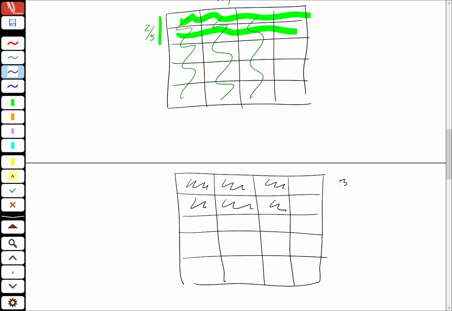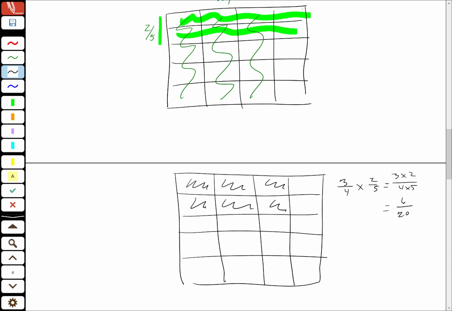This is 3/4 times 2/5 should be equal to a 3 by 2 array over a 4 by 5 array, which is 6/20. Right?